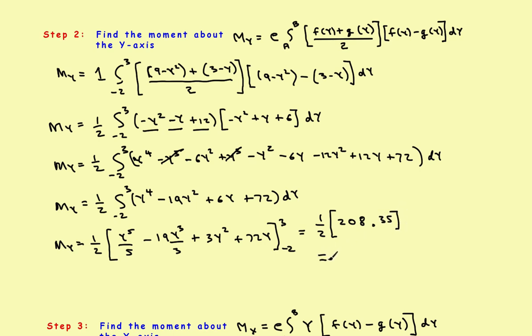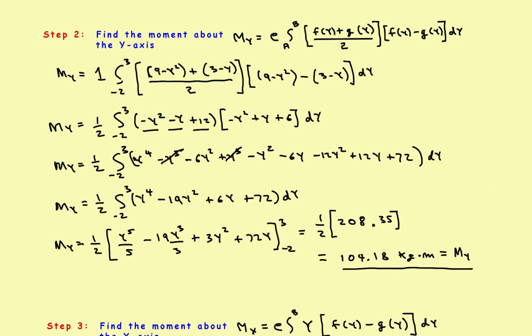And then if you take half of that, you would come up with 104.18. And the units on this would be kilogram meters. So that one took quite a bit of work, and that's going to be the moment about the y-axis. So now you've got the moment about the y-axis. Okay, that's the hard one.